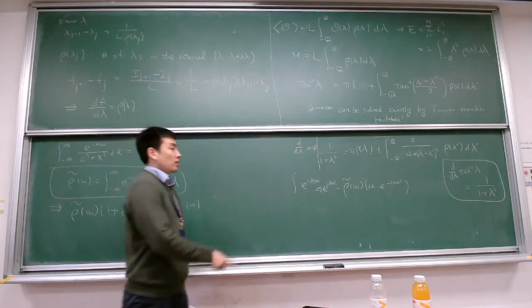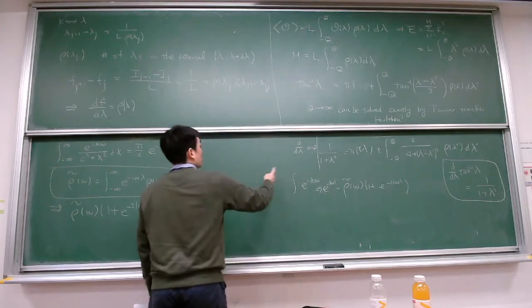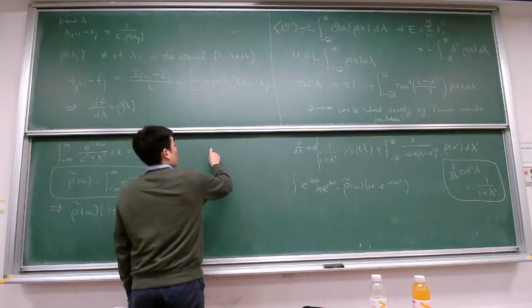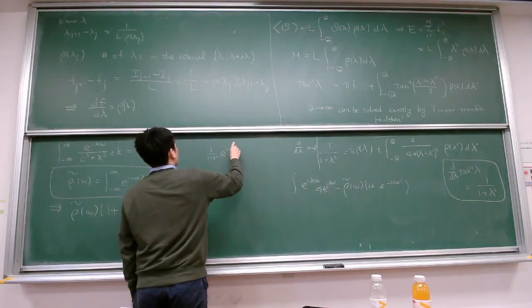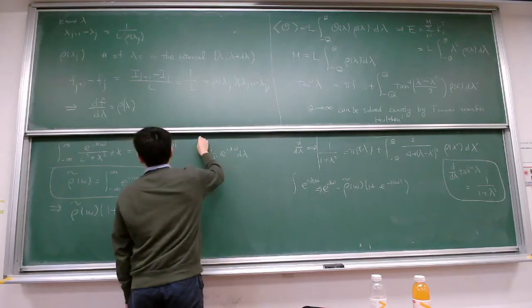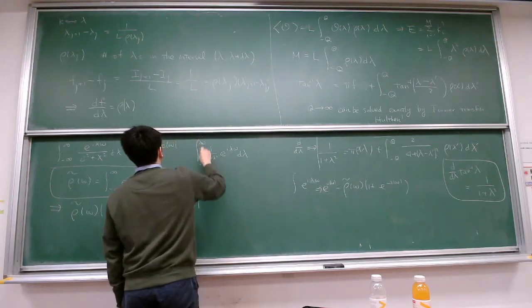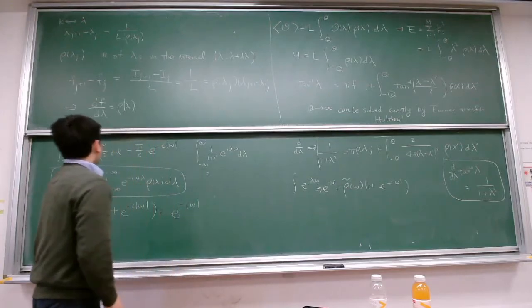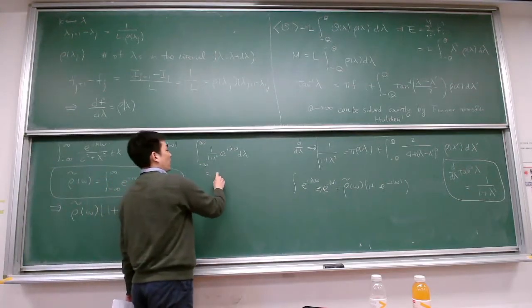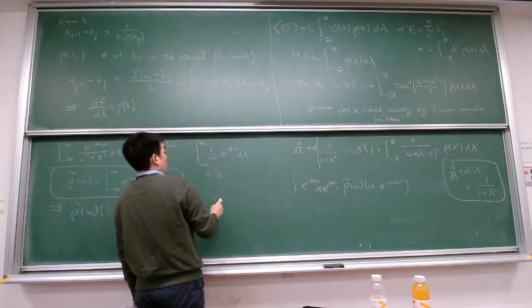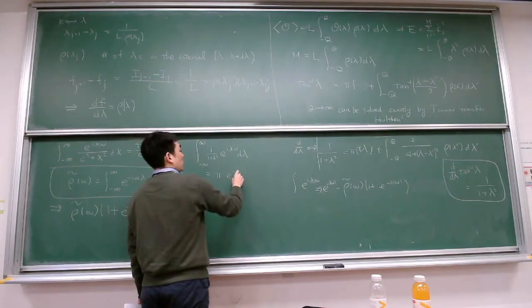So let's do the left hand side. You just do the Fourier transformation: the integral from minus infinity to infinity of 1 over 1 plus lambda squared, e to the i lambda omega, d lambda. And here c is equal to 1, so therefore you get pi times e to the minus omega, right?